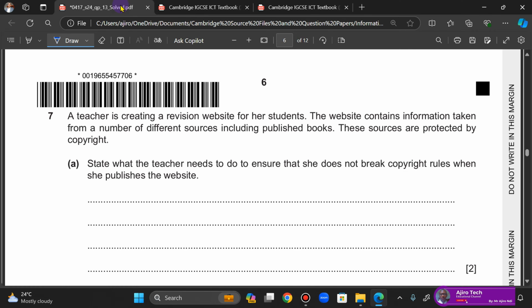State what the teacher needs to do to ensure she does not break copyright laws when she publishes the website. Please take note of that. She's creating a revision website for her students. The website contains information taken from a number of different sources, including published books. These sources are protected by copyright. State what the teacher needs to do to ensure she does not break copyright.